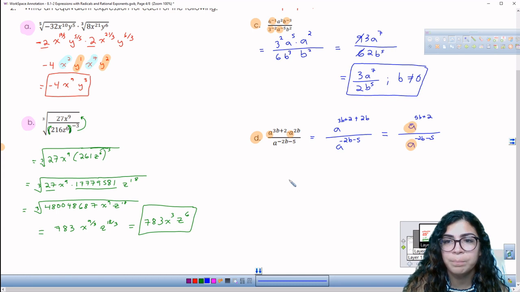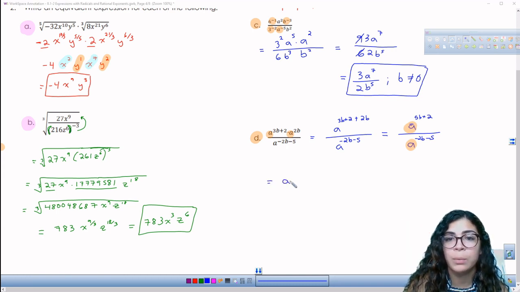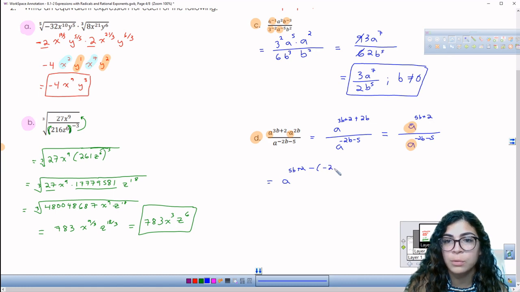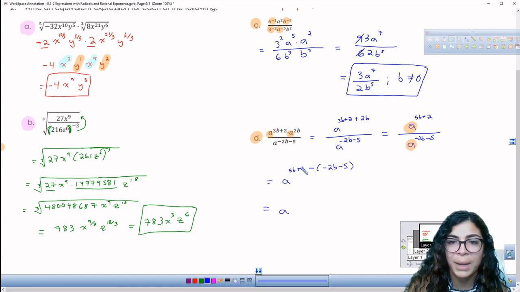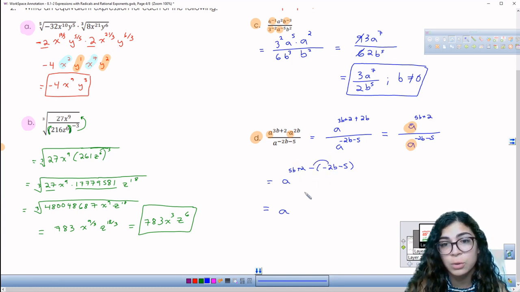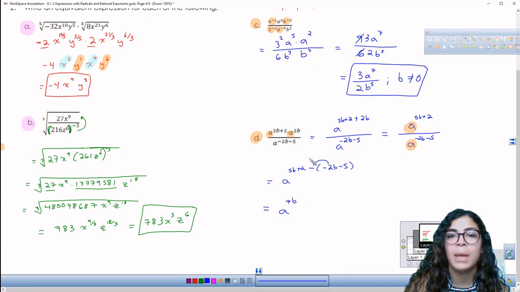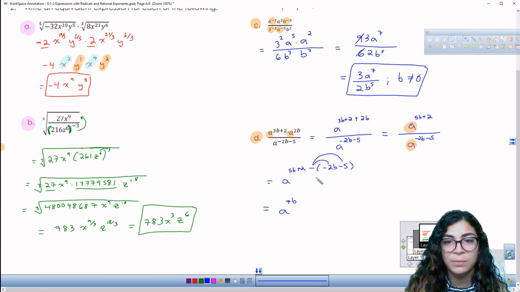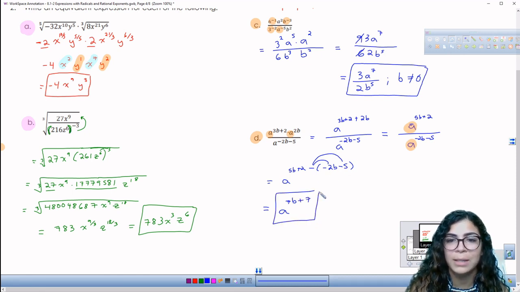When I'm dividing same base, I subtract the exponents. So I will do the exponent on top, 5b plus 2, minus the exponent on bottom, which is negative 2b minus 5. So I will now just go ahead and simplify that power. 5b minus negative 2b will be 5b plus 2b, which is 7b. And positive 2 minus negative 5 would be positive 2 plus 5, which is positive 7. And that is the final answer.